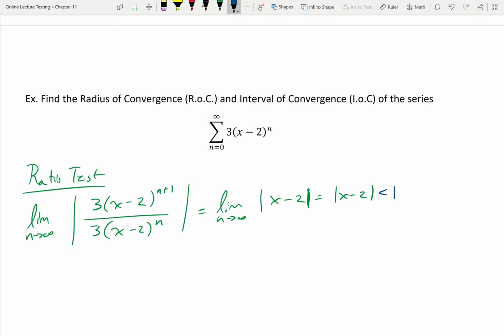And notice here, we're in our format of x minus a. So the radius of convergence r is equal to 1.